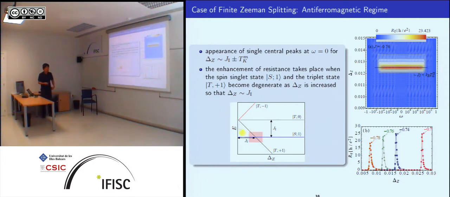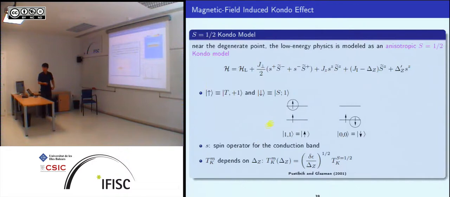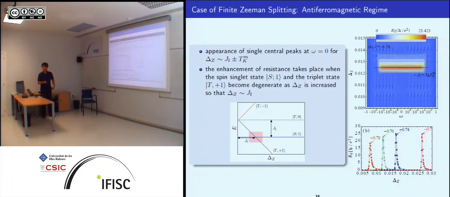By applying Zeeman splitting, one of the triplet states has lower energy, and eventually when the Zeeman splitting is equal to the singlet-triplet splitting, we have two degenerate states, and these two states can act like a spin up and spin down state. And here we have an effective spin-half Kondo model again.